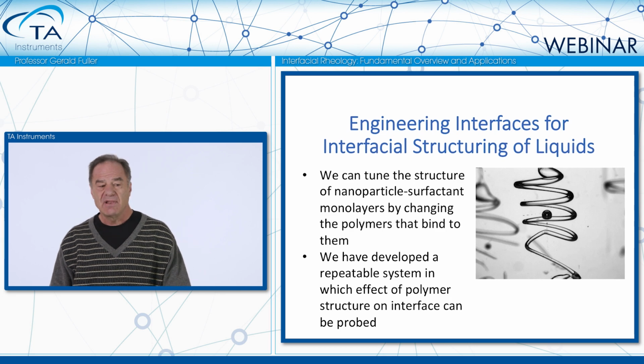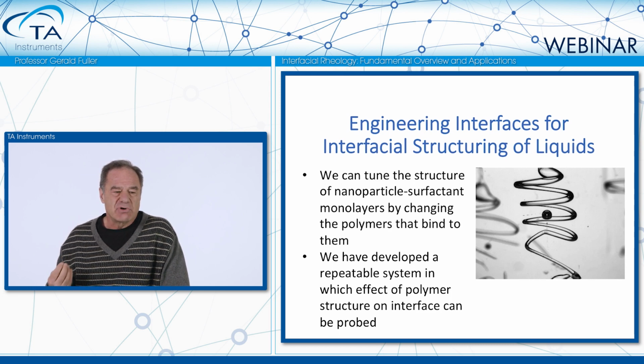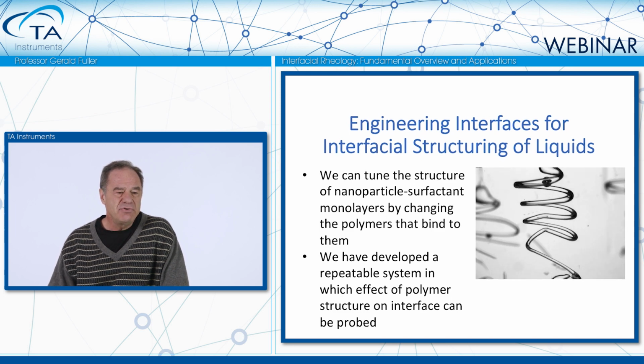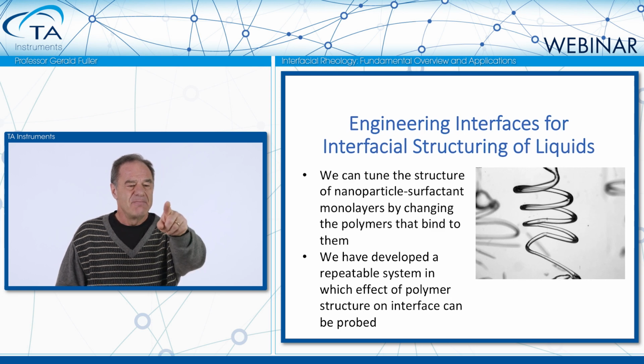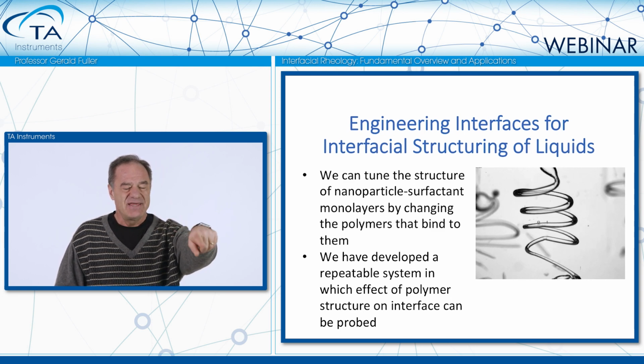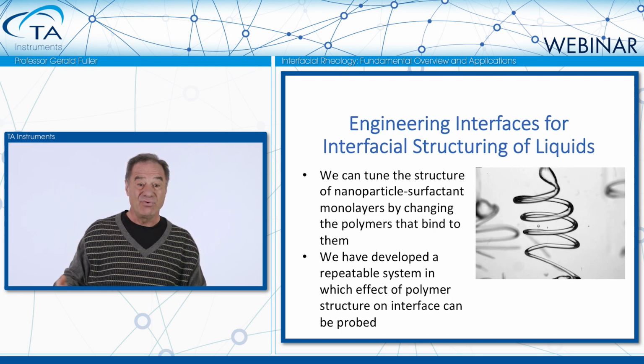Okay, the last example has to do with engineering interfaces by deliberately structuring the interface. And we do this in collaboration with some people at Berkeley. You see this strand that has a helical structure, that's a thread of silicon oil in water.